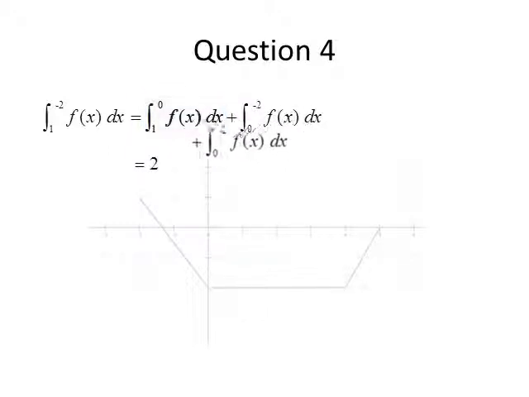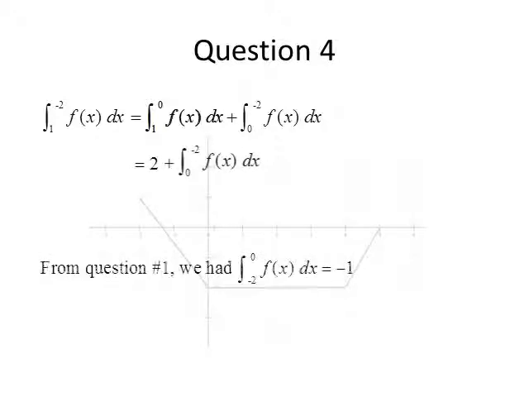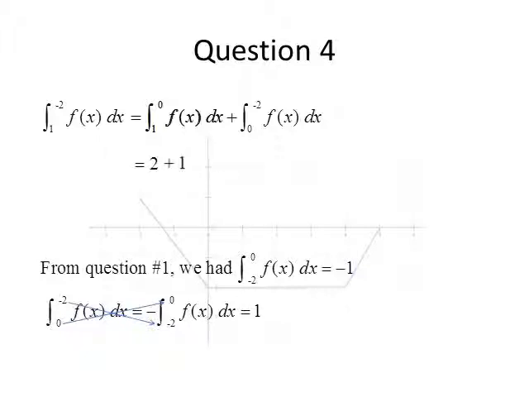Bringing down the second integral, we note its similarity to question 1. Reversing the limits of integration gives us an opposite value for the integral, so we can know that the integral that we're looking for in this problem is equal to 1. Substituting that 1 and adding gives us the answer as 3.